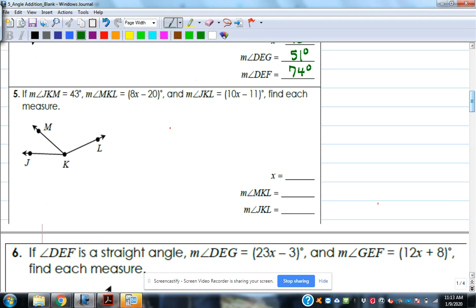Let's hit up number 5 there. The measure of angle JKM is 43 degrees, and the measure of angle MKL is 8x minus 20. The measure of angle JKL is 10x minus 11. So this one's a lot like 4, right? 43 plus 8x minus 20 is 10x minus 11. Solve that up.